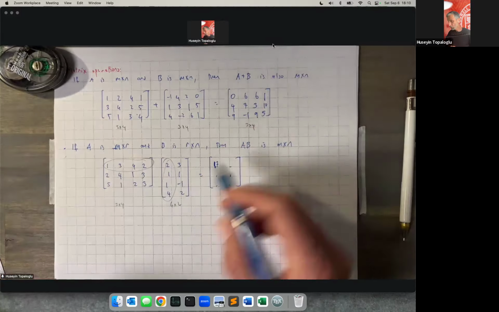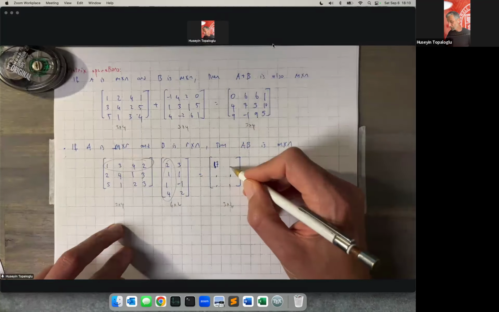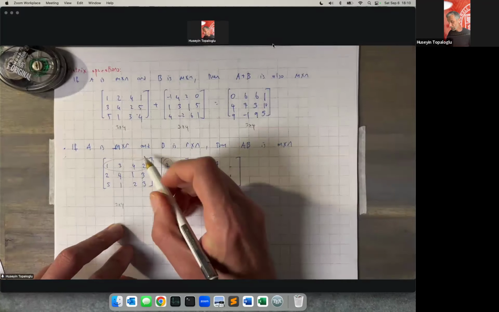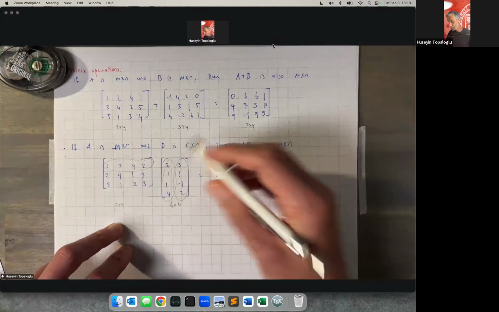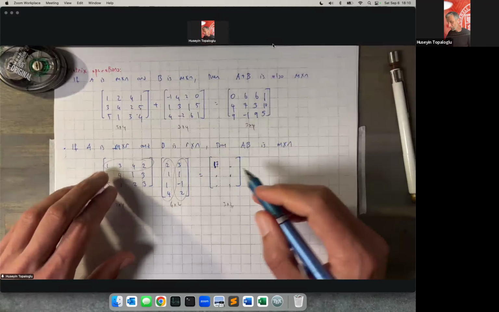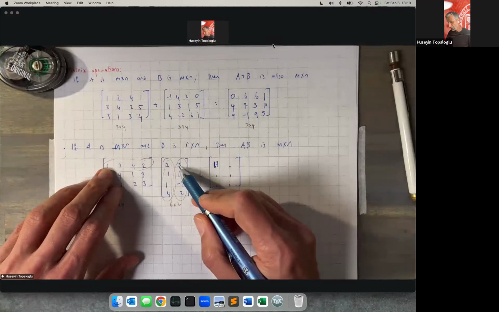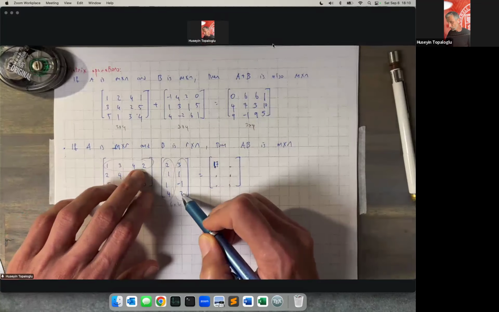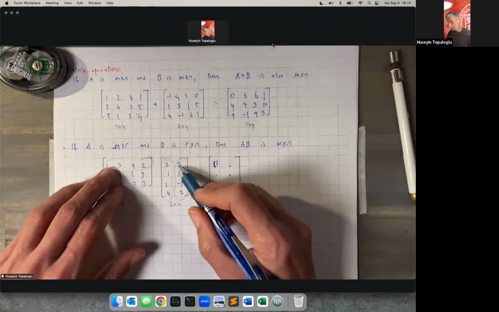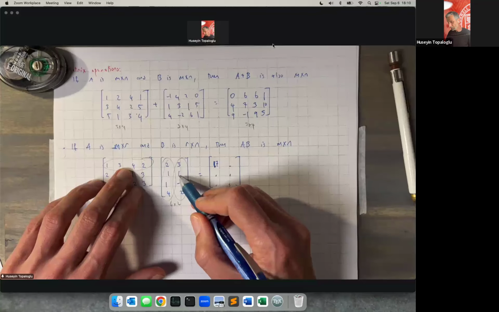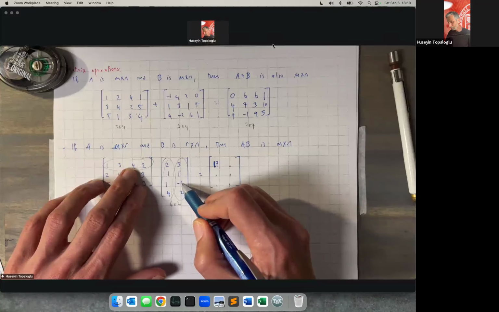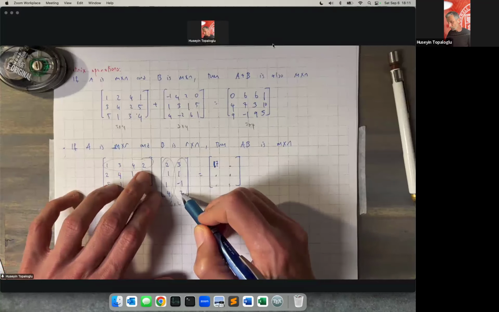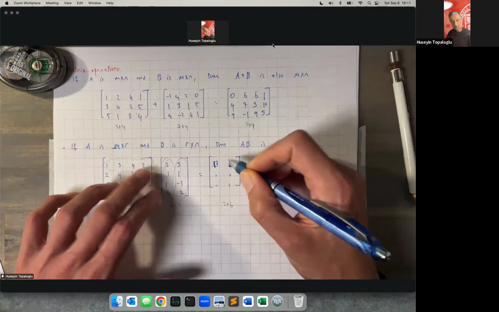That's what we end up in the first row, first column. Let's fill this entry in. That is first row, second column. Take the first row here, second column here, multiply the corresponding entries and add them up. 1 times 3, 3 times 1, 4 times negative 1, 2 times 2. Add those up. That's a 3 plus another 3, that's a 6, plus another -4, that's a 2, plus another 4, that's a 6.